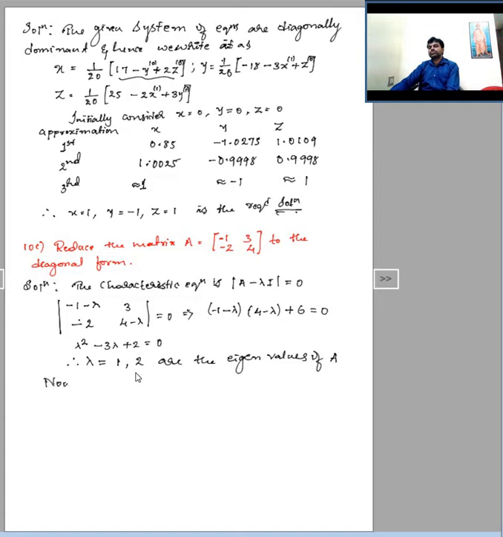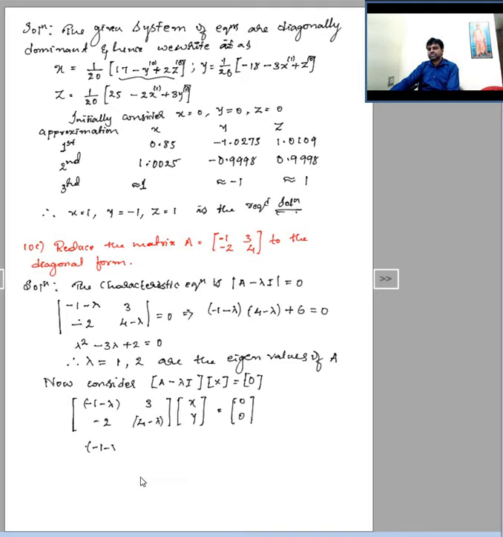Now I am going to construct a system of equations. Consider (A minus lambda I) times matrix X equal to the 0 matrix. Expanding this, I am going to get simultaneous equations: (1 minus lambda) x plus 3y equal to 0, minus 2x plus (4 minus lambda) y equal to 0. Call that equation star.